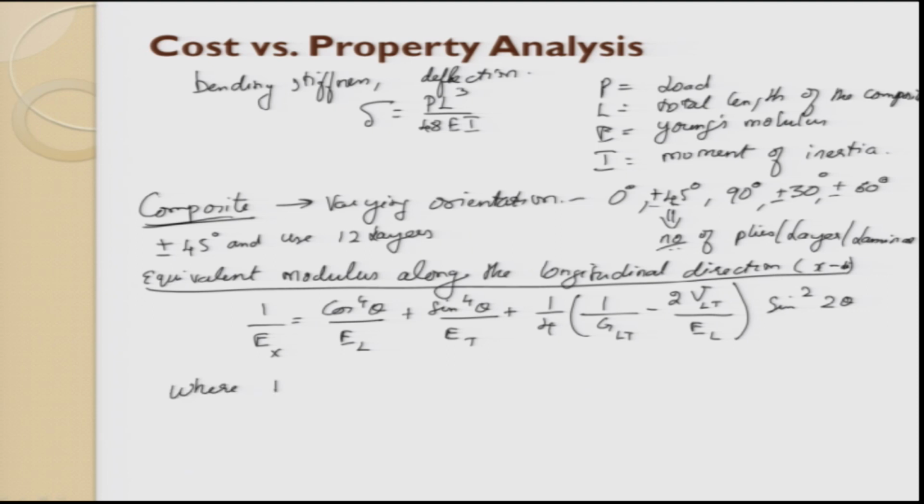where EL is the modulus of elasticity. I have been using two terms, Young's modulus and modulus of elasticity. It is the same. So it can also be called Young's modulus in the longitudinal direction.